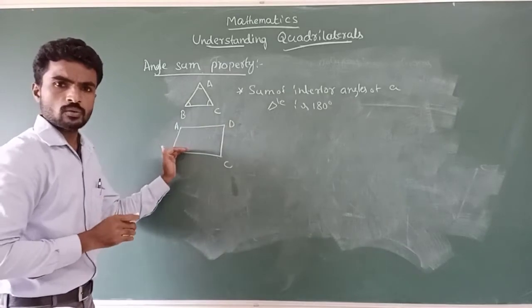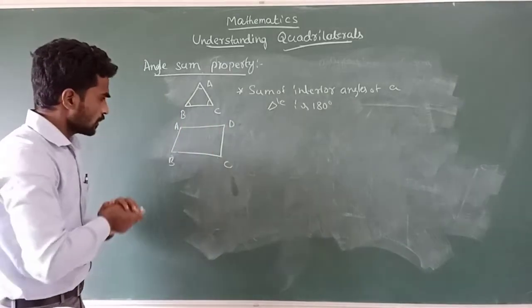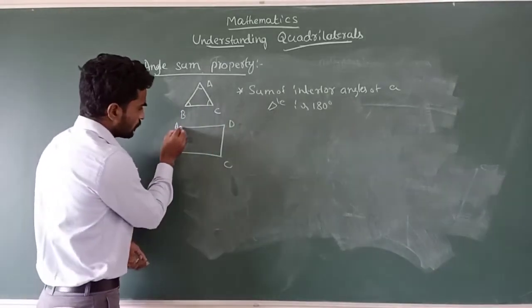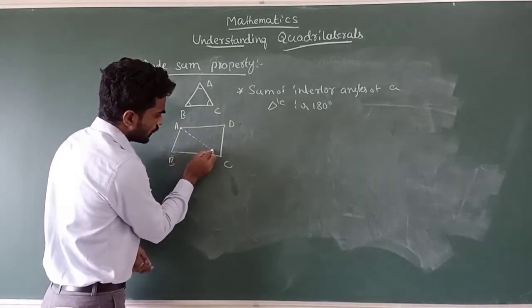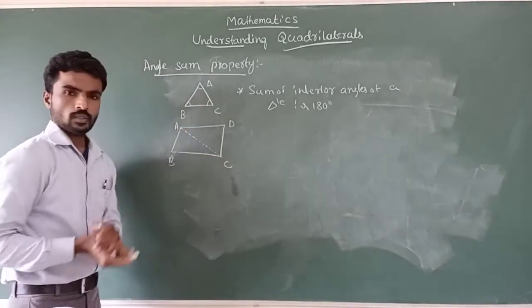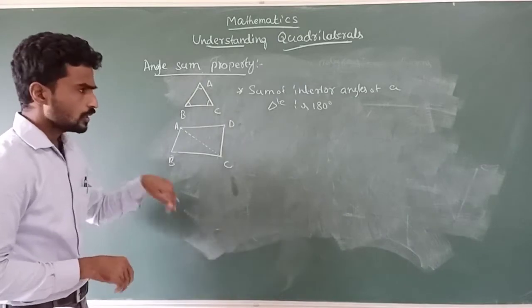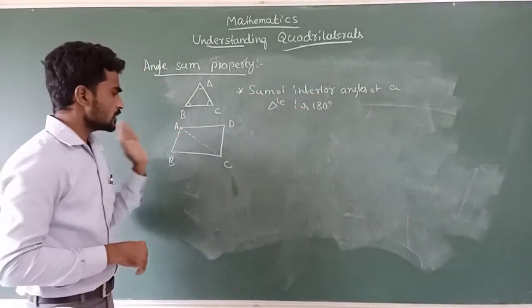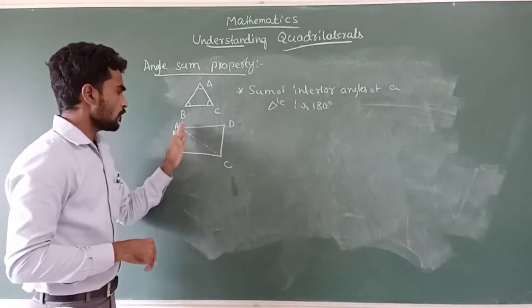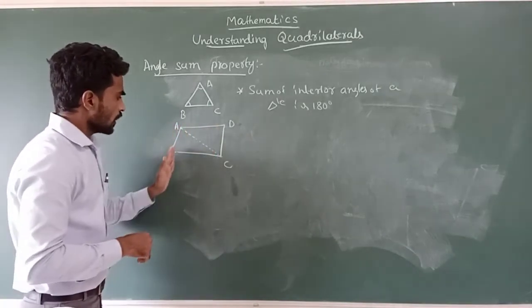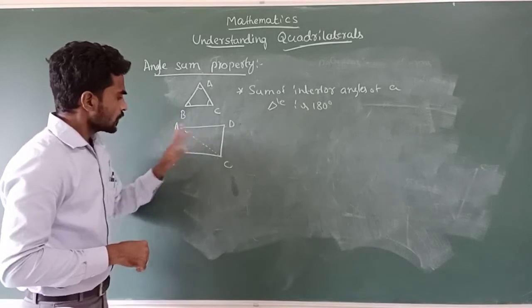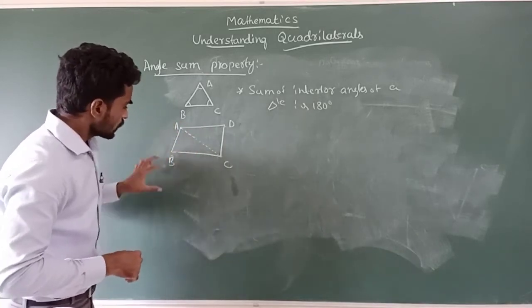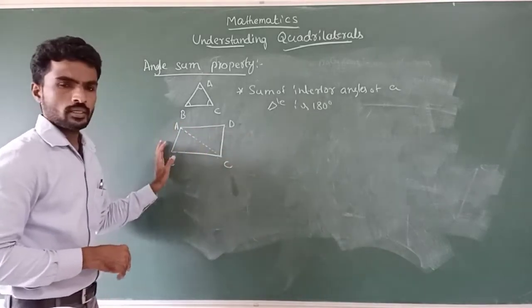How can we find out? Very simple. Now divide this polygon into two triangles. Now by using this known property, we can easily find out the sum of the interior angles of polygon ABCD.